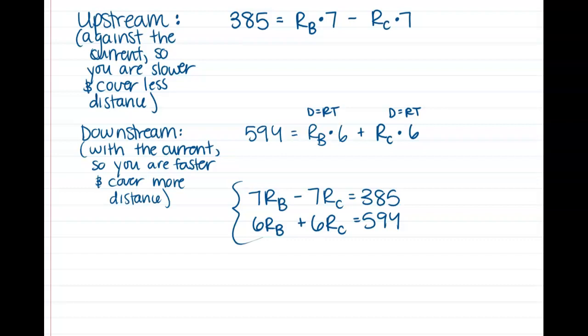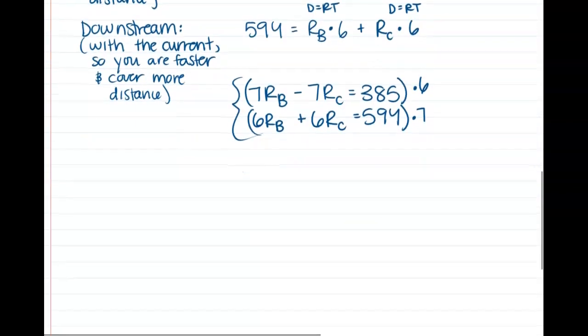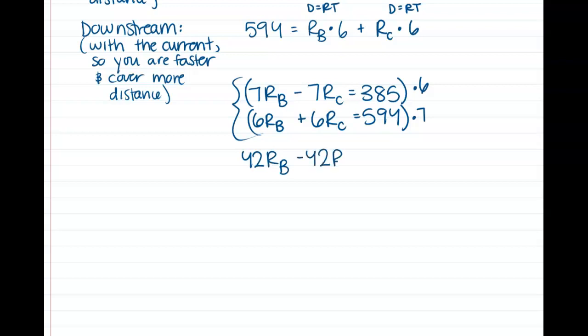Let's solve it by elimination. So to make the numbers match, so to speak, if we multiply the top equation by 6, and the bottom equation by 7, we have 42 times the rate of the boat minus 42 times the rate of the current equals 385 times 6, which is 2,310.